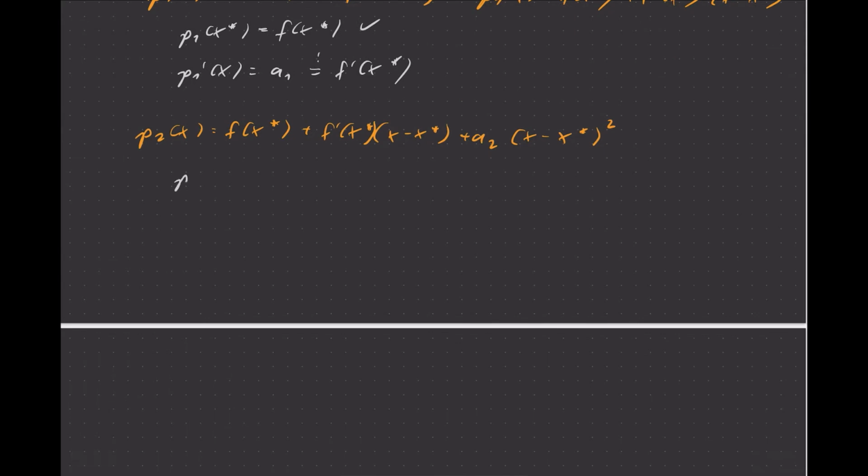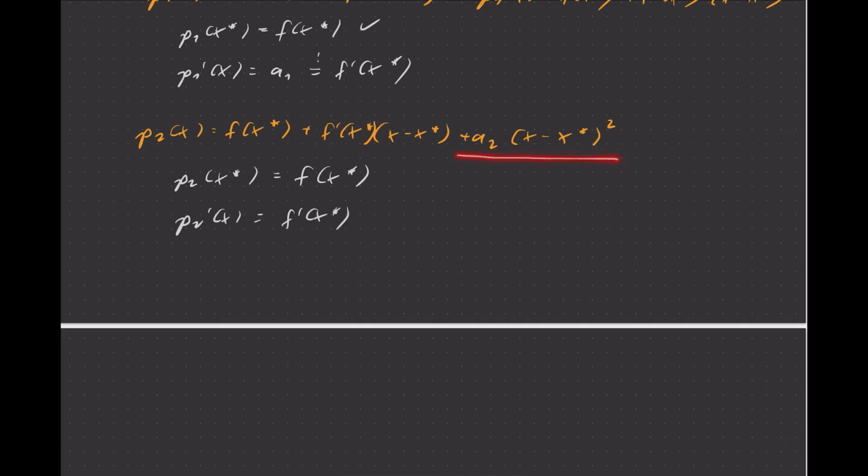Again, P2 of x star is, of course, f of x star, because these two terms will simply vanish at x star. p2 prime of x is equal to, let's see, this term here vanishes. Here, just the f prime at x star will remain.